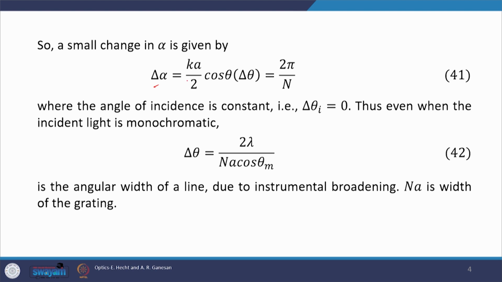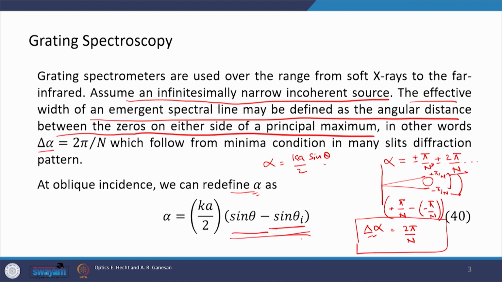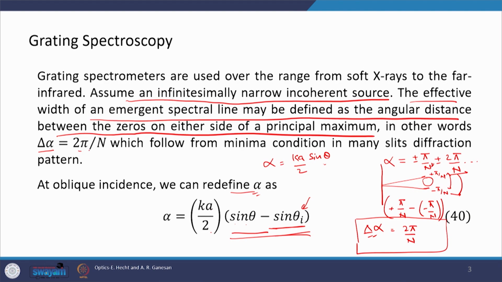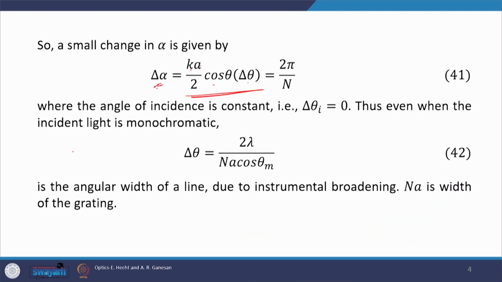We just differentiate it. If you differentiate equation 40, where theta i is the angle of incidence which is fixed, you will get k a by 2 cos theta delta theta. This is what is given here: delta alpha is equal to k a by 2 cos theta delta theta, which is nothing but 2 pi by capital N. Since the angle of incidence is constant, we have neglected delta theta i.